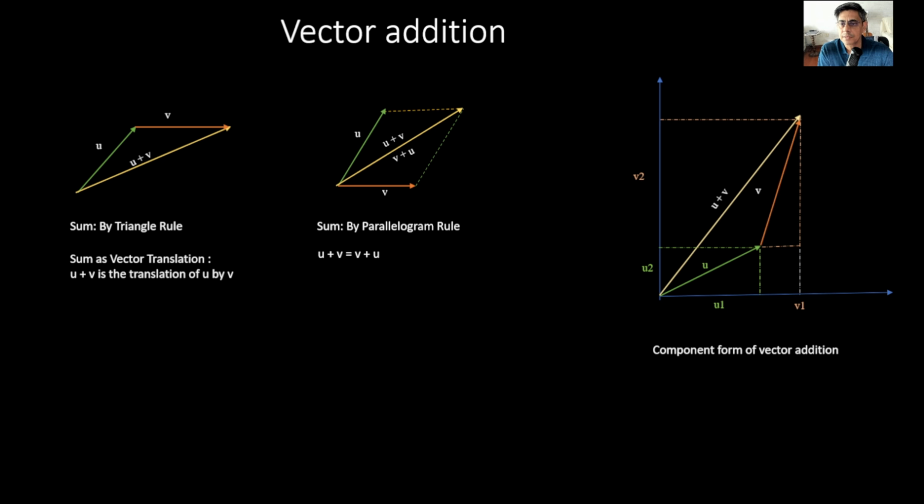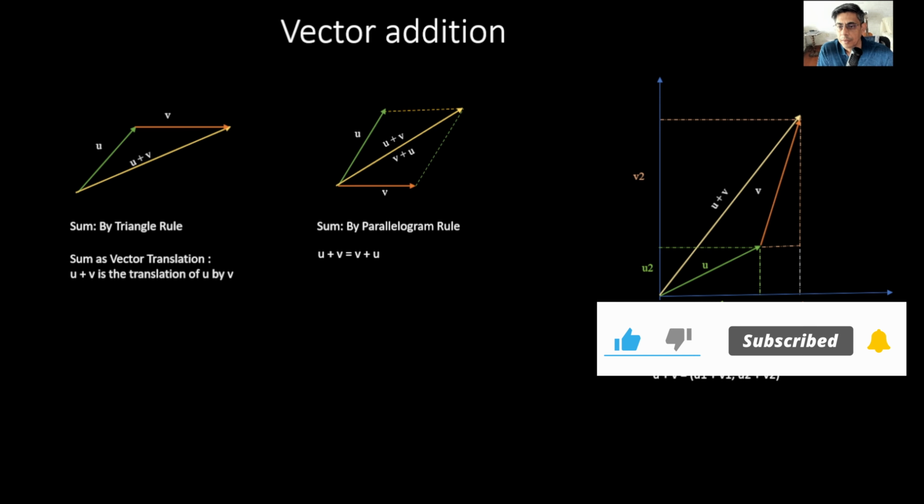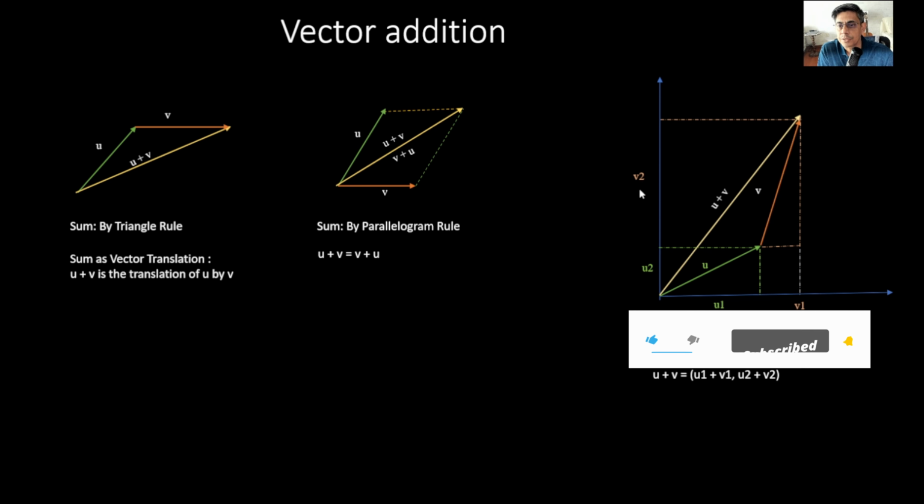Now we have this diagonal line, which from the geometry, by the triangle rule, we have this hypotenuse as U plus V. U plus V is nothing but U1 plus V1, this length, plus this length, which is U plus V.